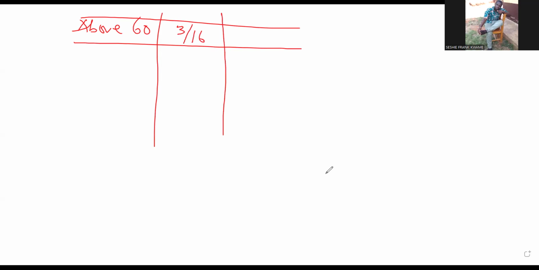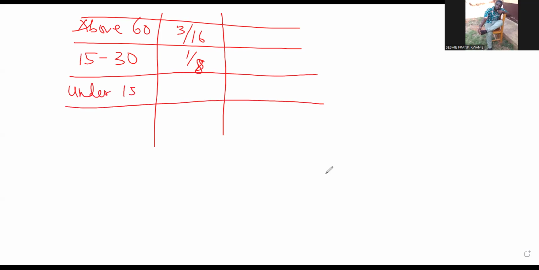Then we also have those who are between 15 and 30. Their fraction is 1 out of 8. Then we also have those who are under 15, and their fraction is 1 out of 4.